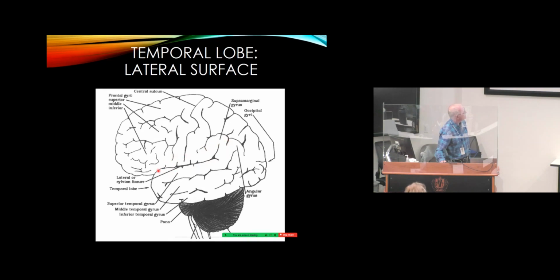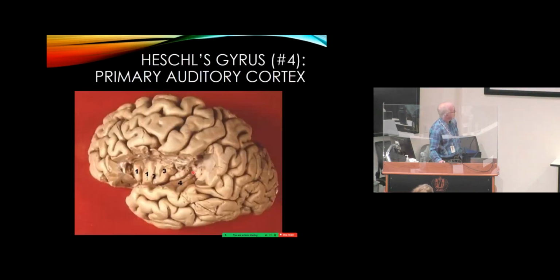All of this brain around the Sylvian fissure is called the opercula. Okay, and if we dissect that away, you can see what your fingers are resting on right here. This number 4 is the primary auditory cortex for sound. Okay, otherwise known as Heschl's gyrus. So it's part of the superior temporal gyrus located right there.